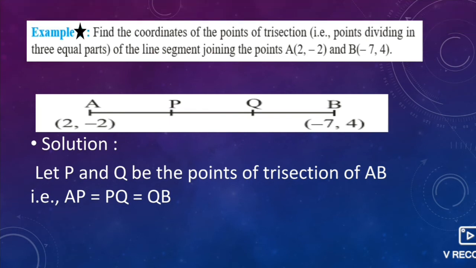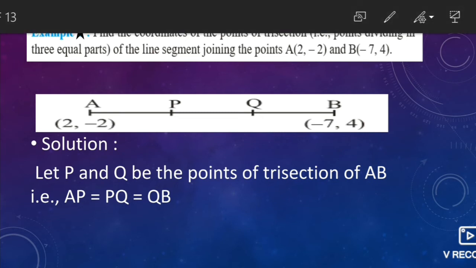Now the next question: find the coordinates of the points of trisection, that is, the points dividing into 3 equal parts the line segment joining A whose coordinate is (2, -2) and B whose coordinate is (-7, 4).